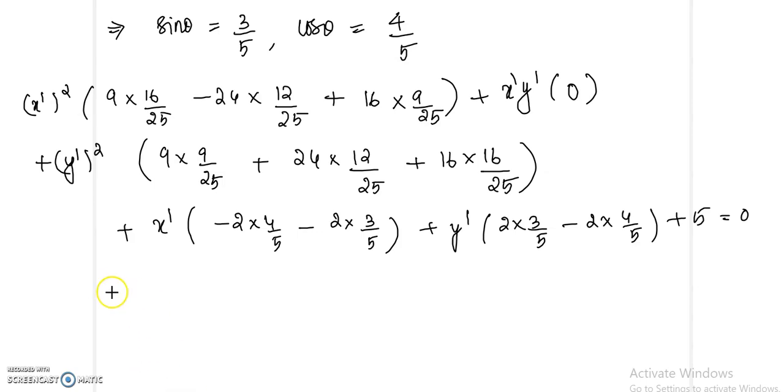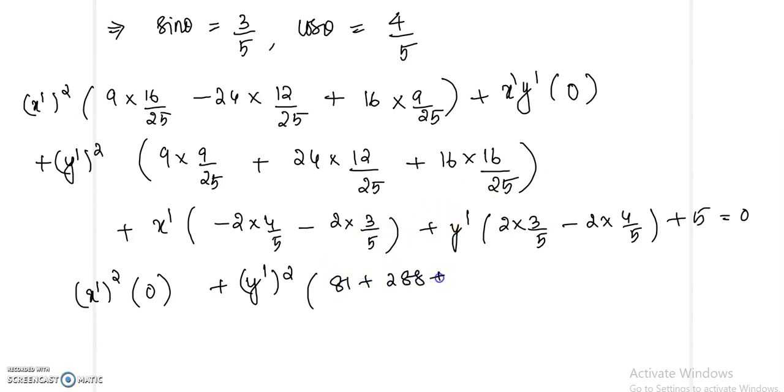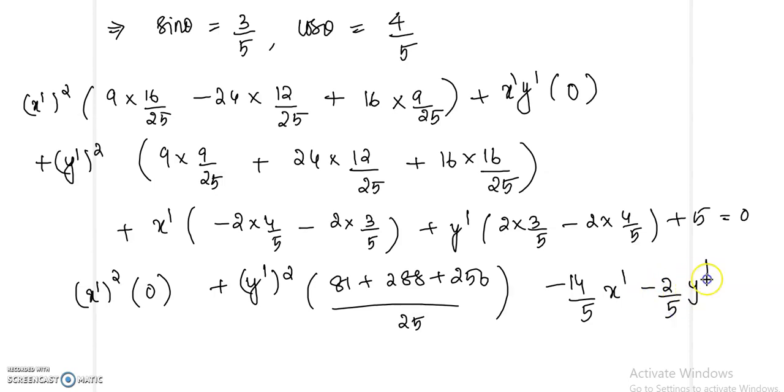So the x dash coefficient will be 0 when we find this term. Then already this is 0, then y dash square into, so you will get 81 plus 288 plus 256 by 25, then this will be minus 14 by 5 x dash, then minus 2 by 5 y dash plus 5 equal to 0.